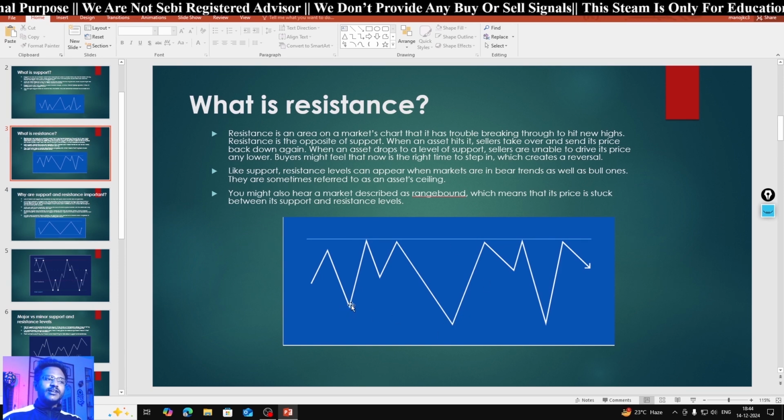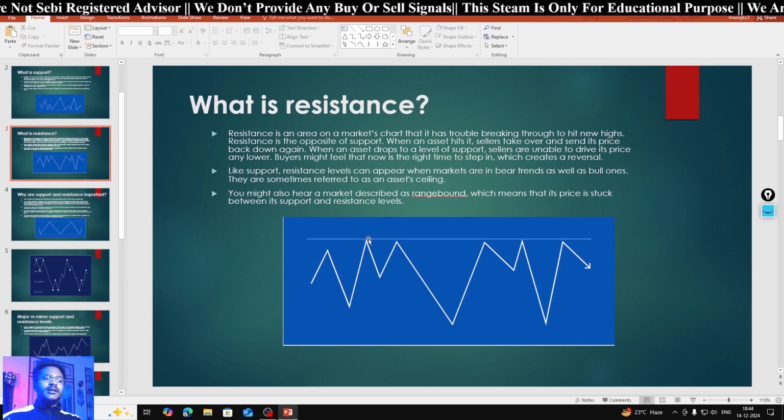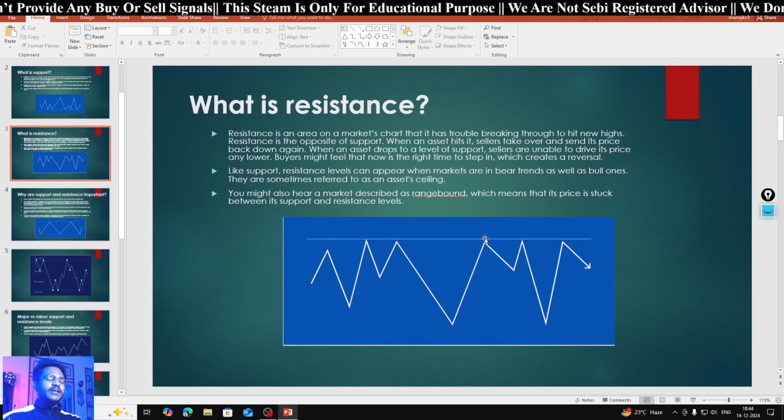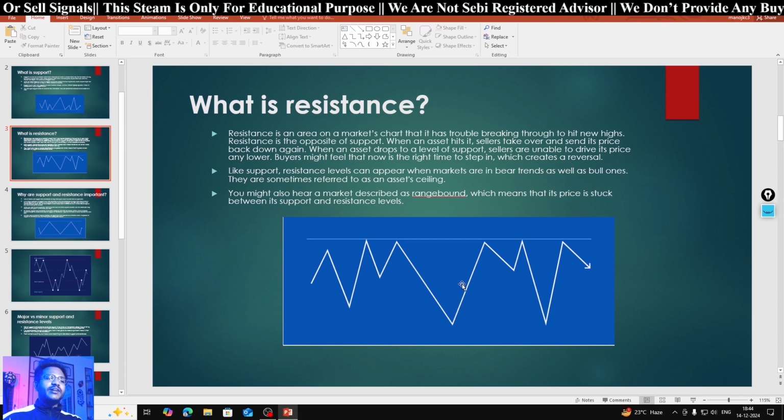So buyers are trying to push the market towards the upside, and on a particular level, the market immediately tries to bounce back. Once it reaches that level, it tries to bounce back. What is actually happening out here is, you could see buyers are trying to push the market with greater force.